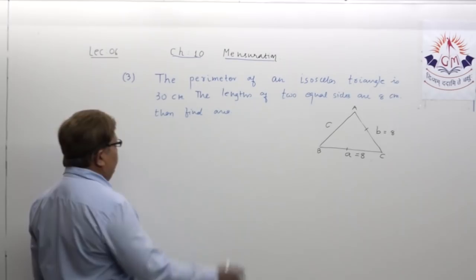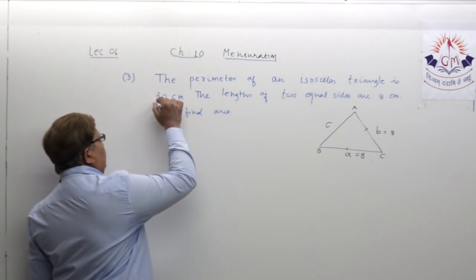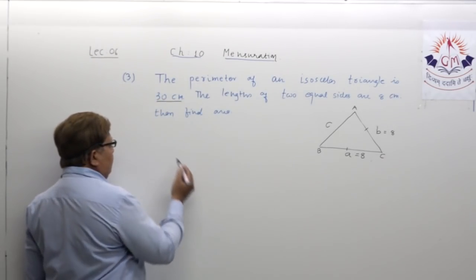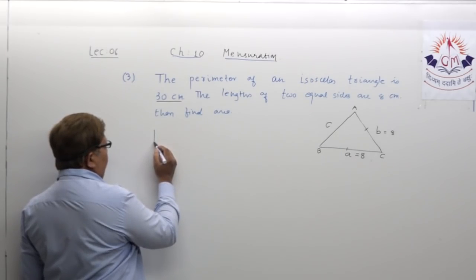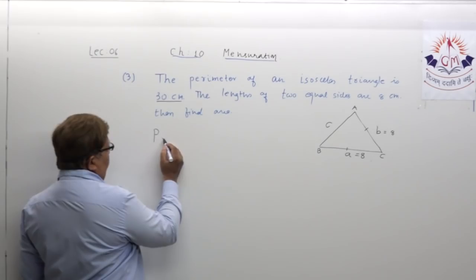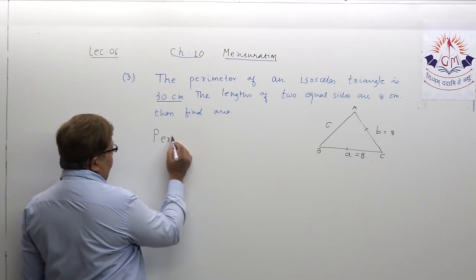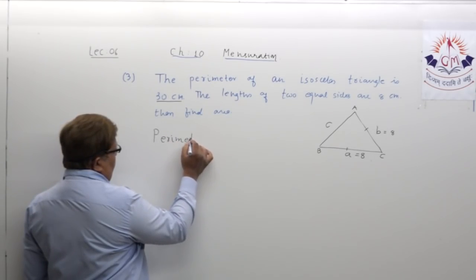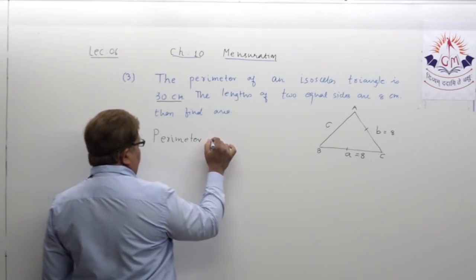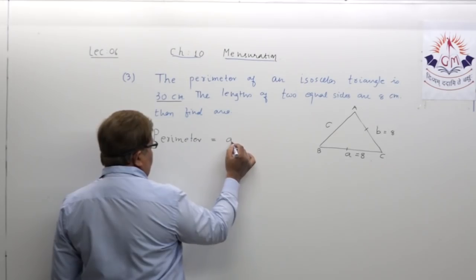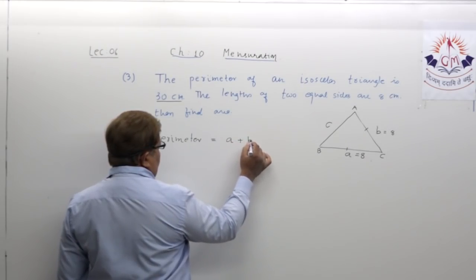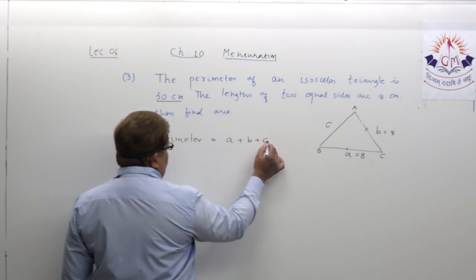Perimeter is also given to us, that we know. So let us start the example this way. First I will write perimeter equals a plus b plus c.